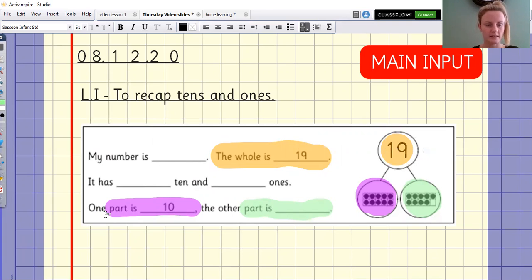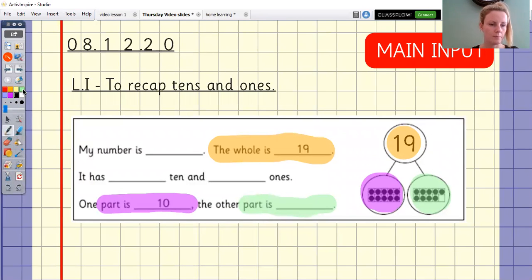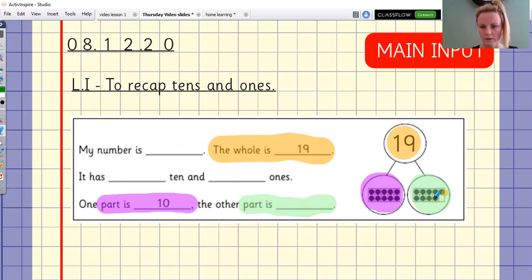Then it says here, one part is 10. So I know I've got 10 there, correct. The other part is, let's count them. Let me get a pen. I'll use the highlighter because then it's easier to see. So I've got 1, 2, 3, 4, 5, 6, 7, 8, 9.